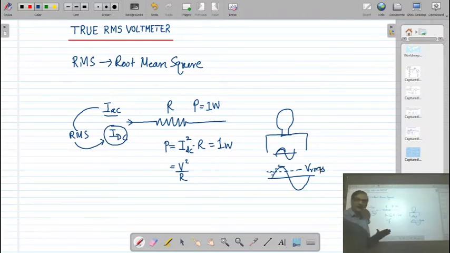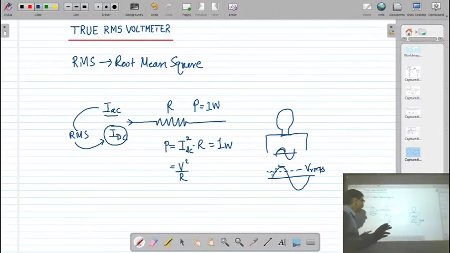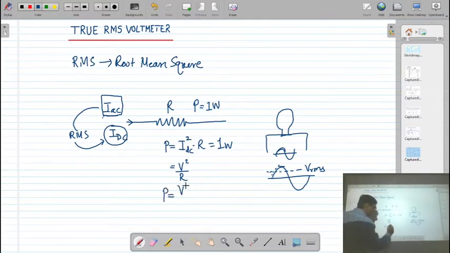Either you pass AC or DC, if the power dissipation is the same, then we can say that the RMS value of this AC signal is equal to the DC. So here we can write the power dissipation as V square RMS by R if we have the AC.